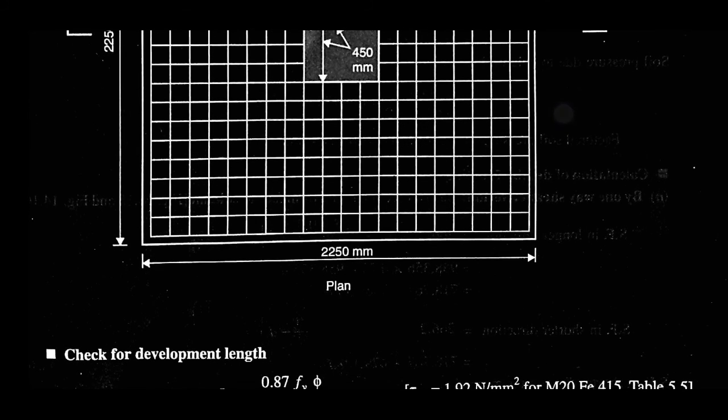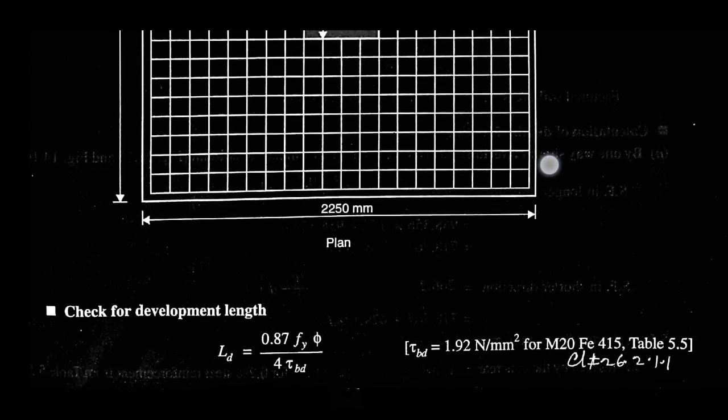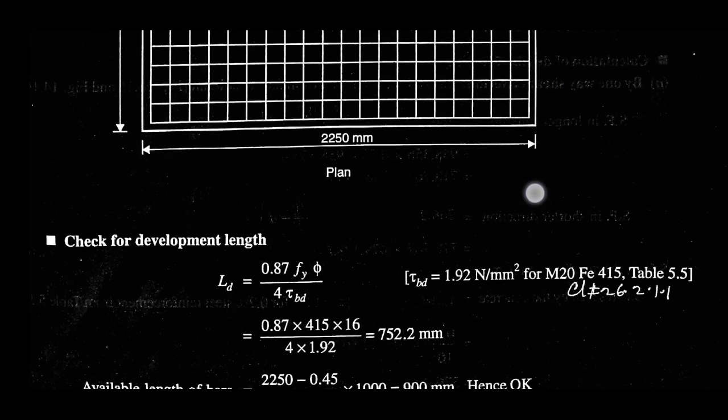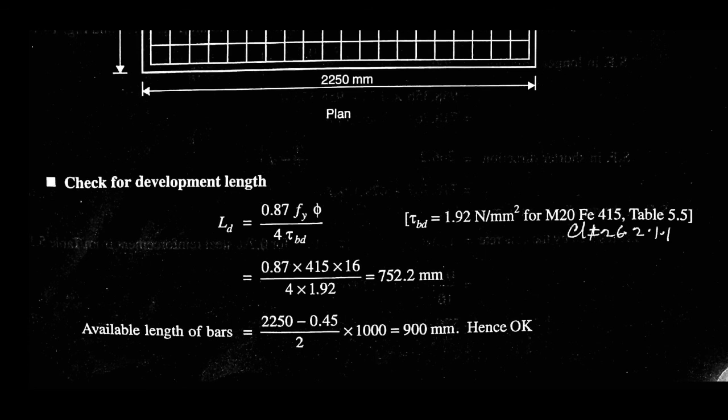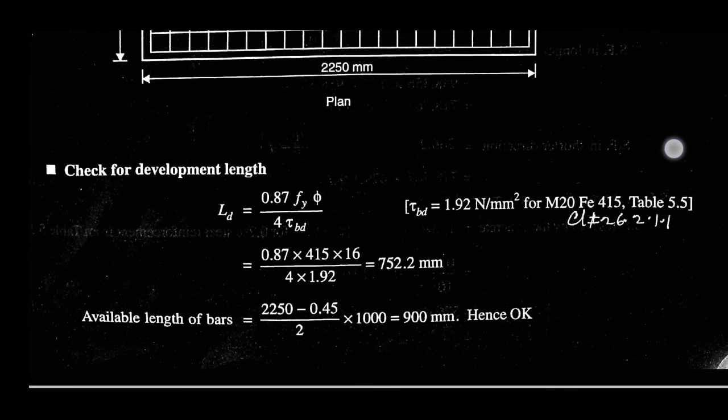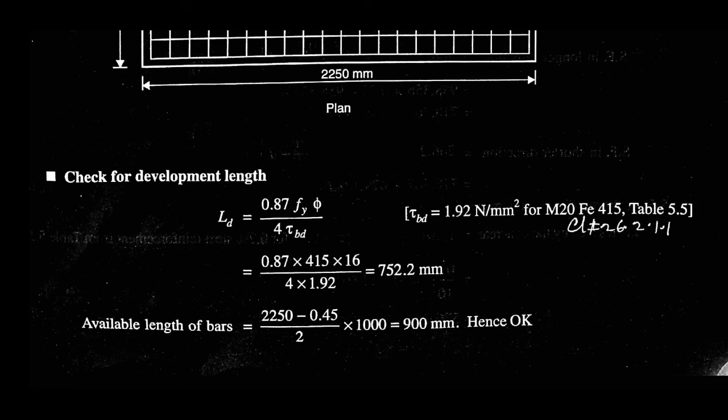But at the end we have to check for development length. So for development length we have to follow clause number 26.2.1.1 of IS 456/2000.